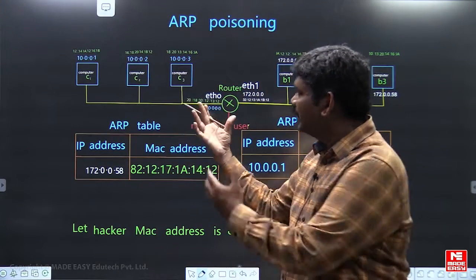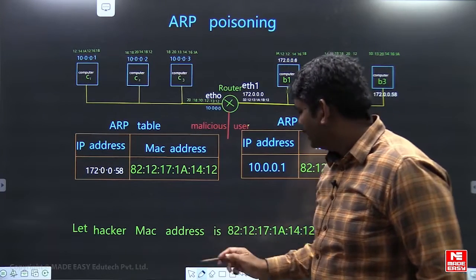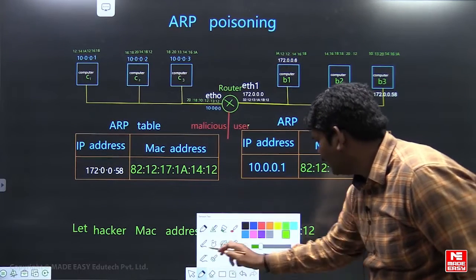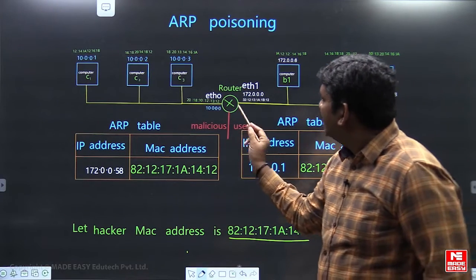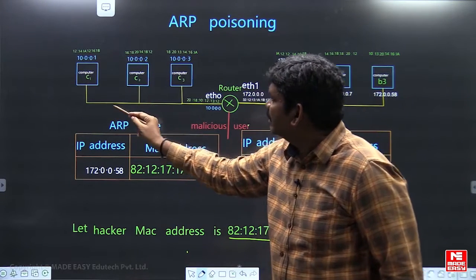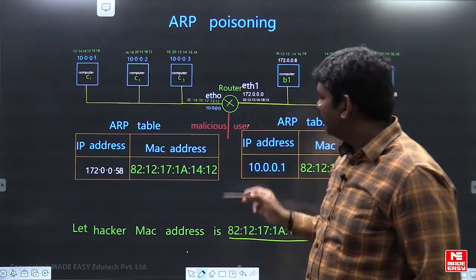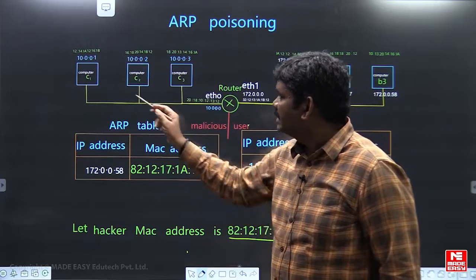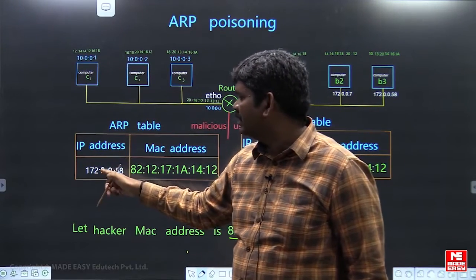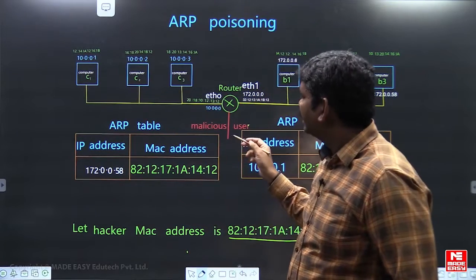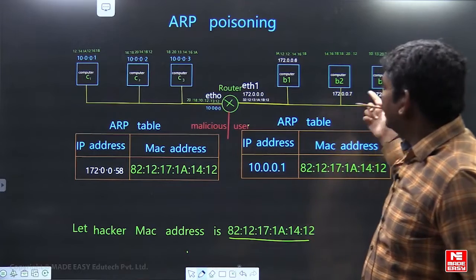Then this hacker is going to intercept that ARP request packet and provide, see here, I have taken one example, let the hacker's MAC address be this number. When the ARP request came, he will not forward it to B3. He himself is going to provide his MAC address, and since the request says I am looking for the IP address 17.0.0.58, the hacker is impersonating, claiming that the B3 address belongs to him.